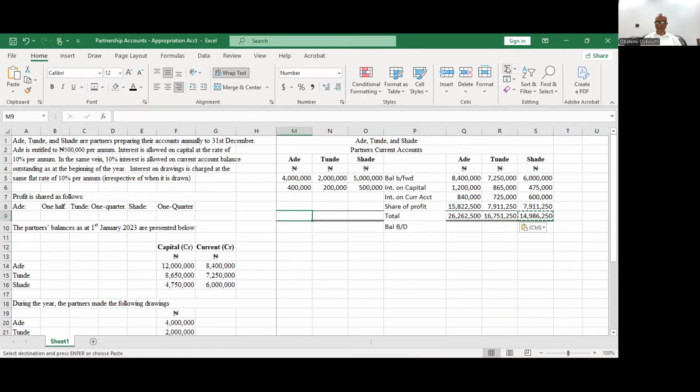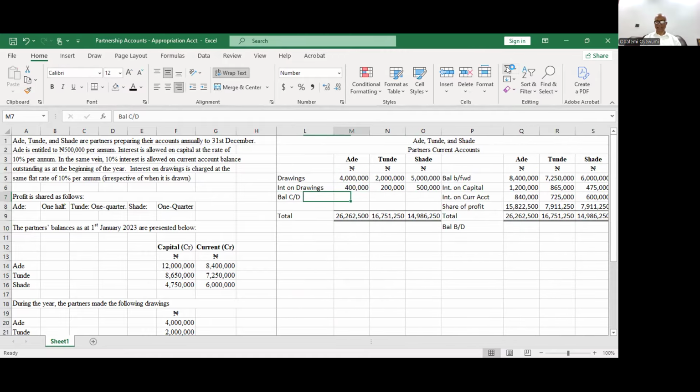So we're now going to be using the figures that we got here. That's 26 million. Okay, and then again for Tunde 16, and then for Shade that's what we got there.